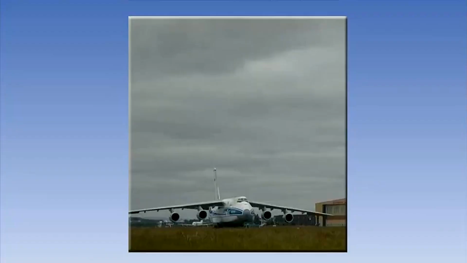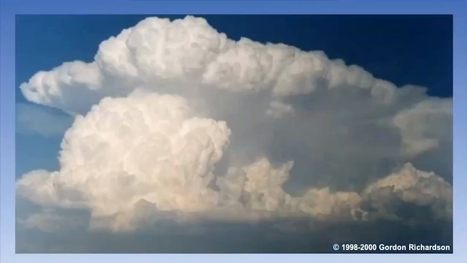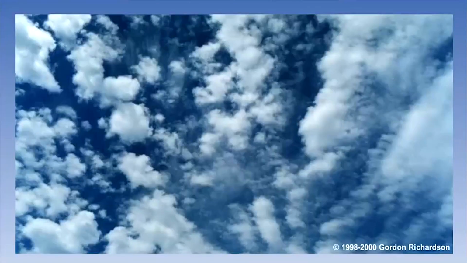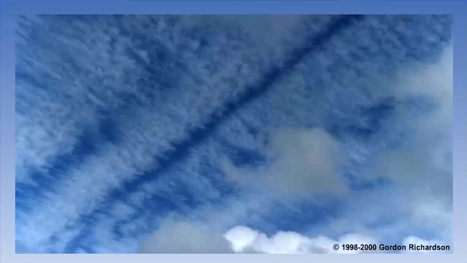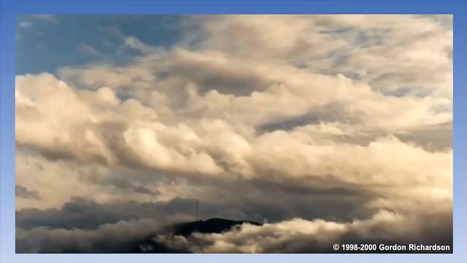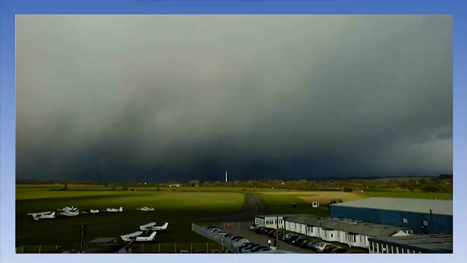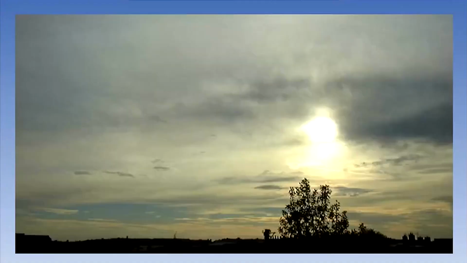The cumuliform clouds are cumulus, cumulonimbus, altocumulus, altocumulus castellanus, which is a particular form of altocumulus that has a distinct importance, and cirrocumulus. The stratiform clouds are stratus, stratocumulus, nimbostratus, altostratus, cirrostratus and cirrus.